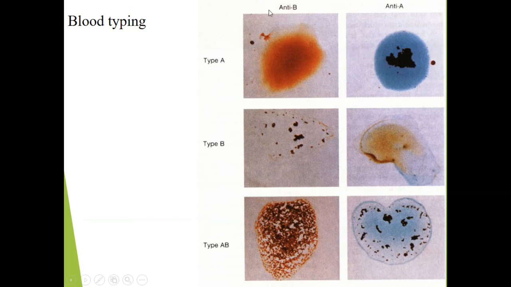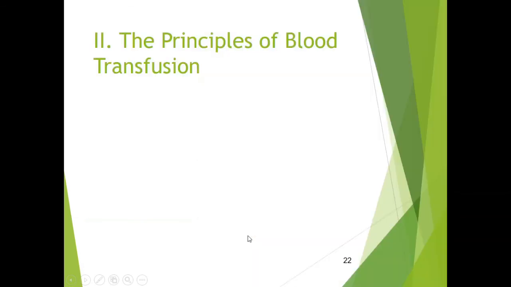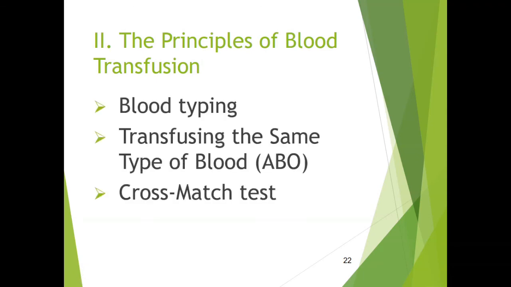While if type A is treated with anti-A antibodies, clumps would be formed. We can see this in the picture. Same case with type B: if type B is treated with anti-B, clumps would be formed, but if type B blood group is treated with anti-A antibodies, no clumps would be formed. And same as the AB.